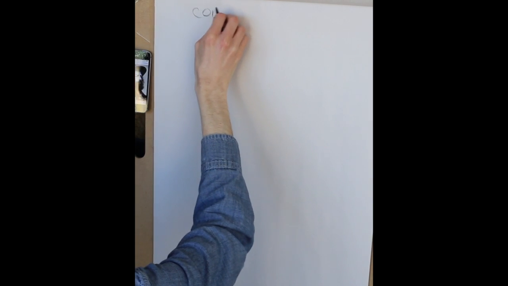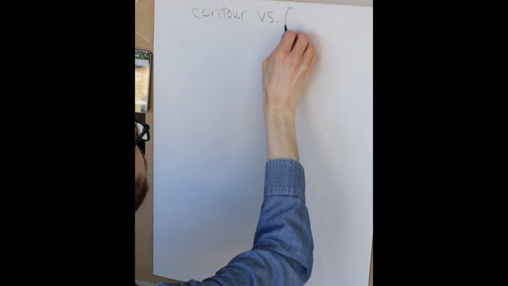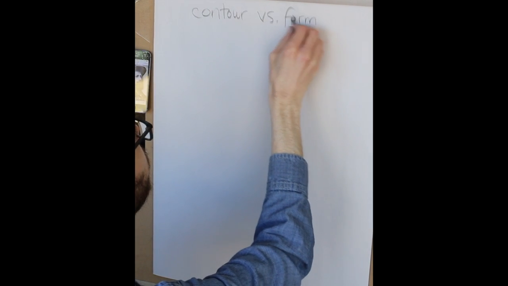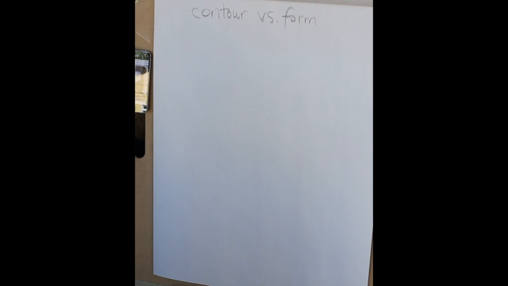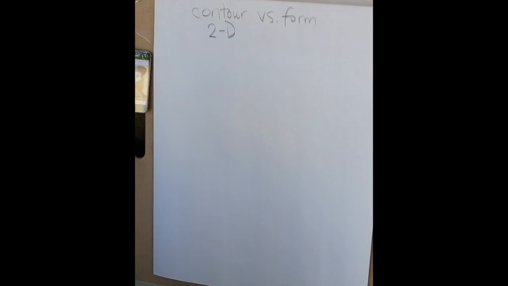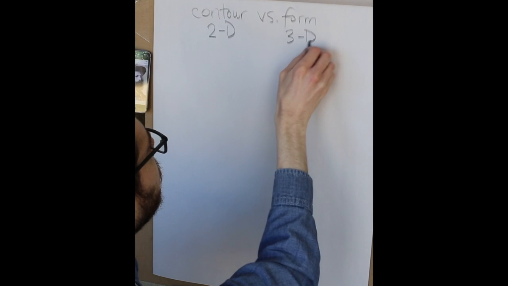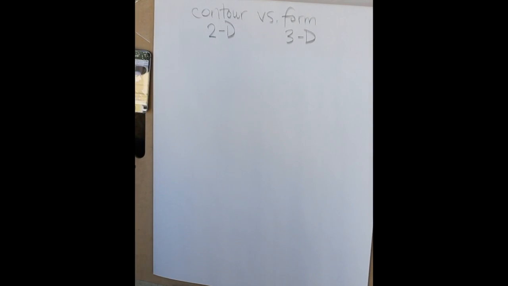So before we talk about the head, I want to talk a little bit about contour and form. So contour is the two-dimensional shape of an object, the outline, and form is the three-dimensional shape inside of an object.